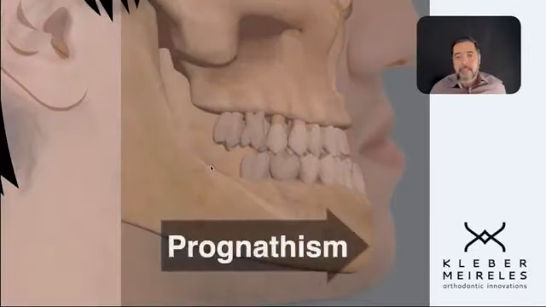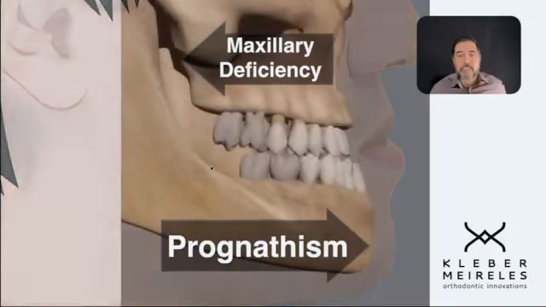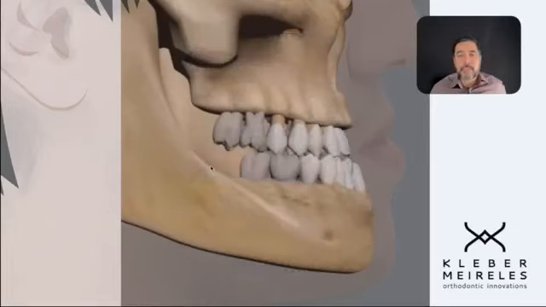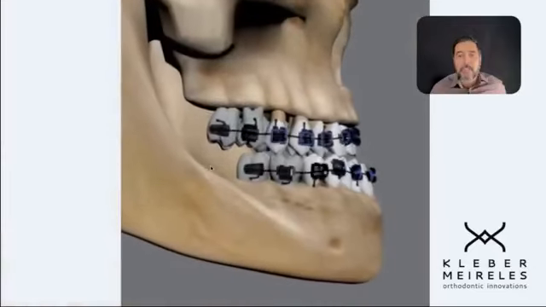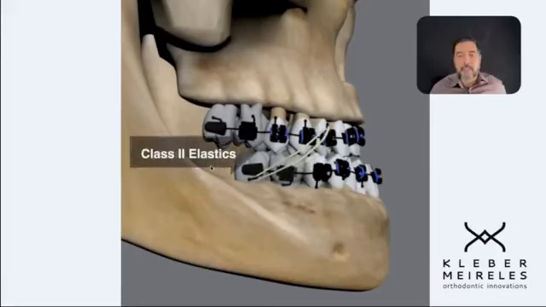And this is the compensation, and we are changing it by means of both brackets plus elastics. This is the natural compensation, and I'm removing it using the straight wire standard brackets plus elastics. Class 2 elastics in this case, because I want to decompensate.